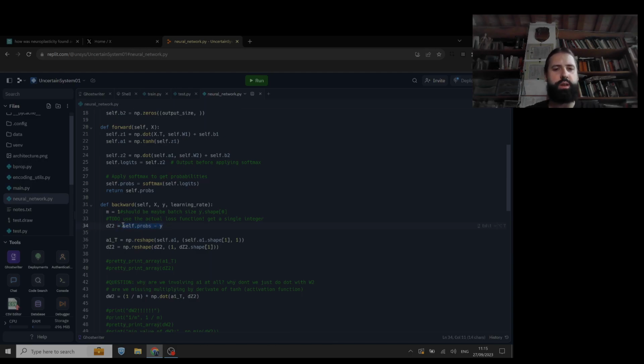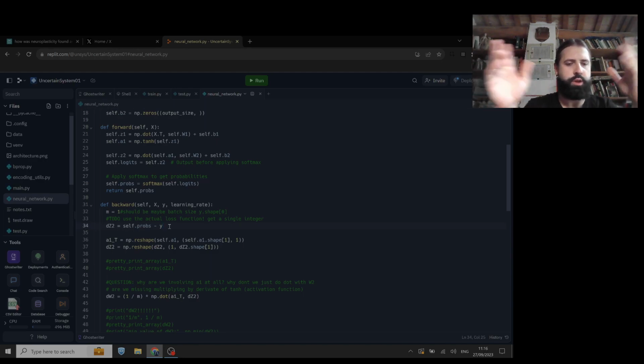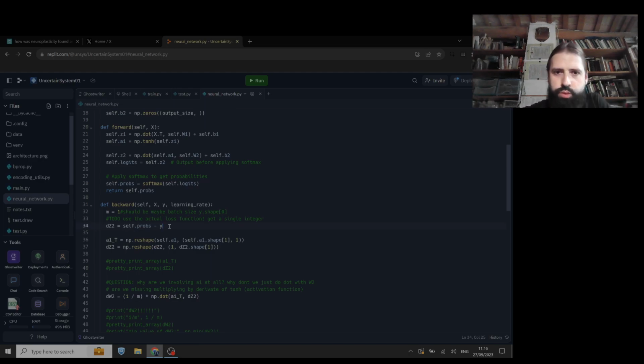It was literally just looking at the probability of the predicted word, and then comparing it to the true value.